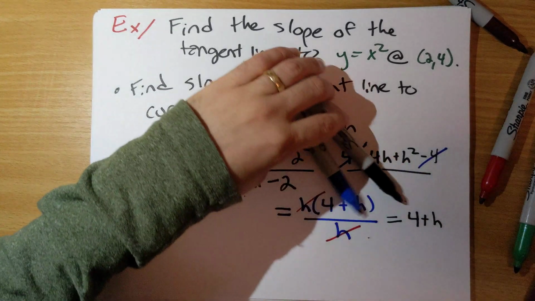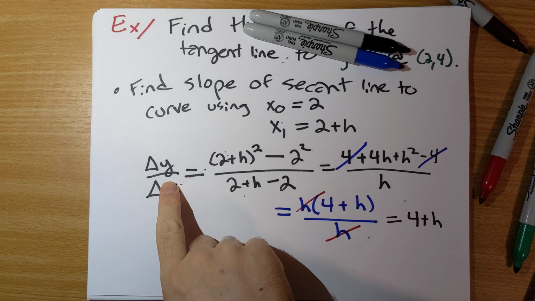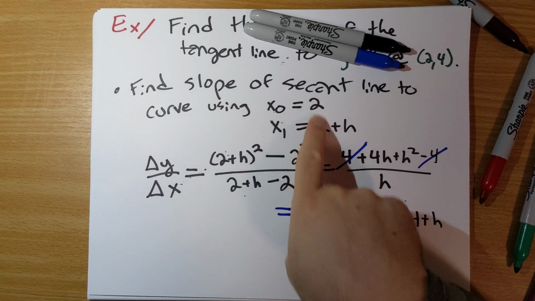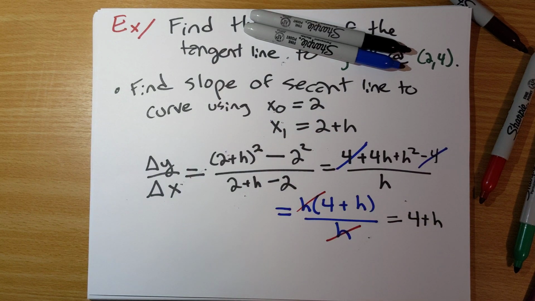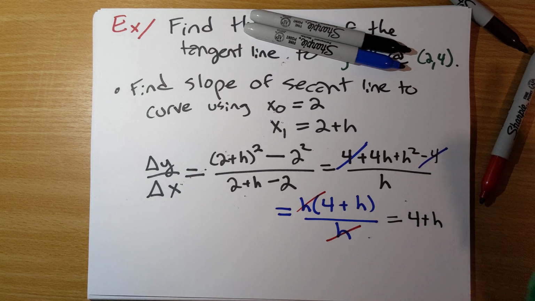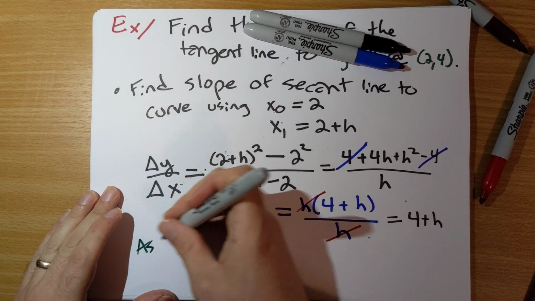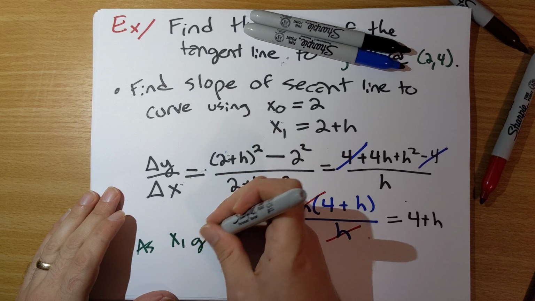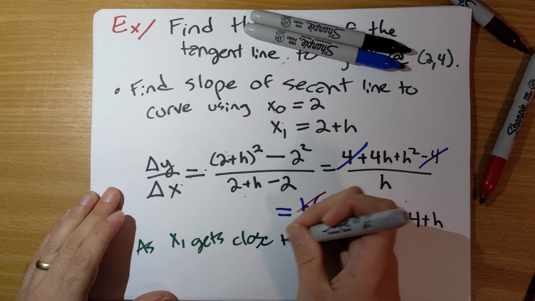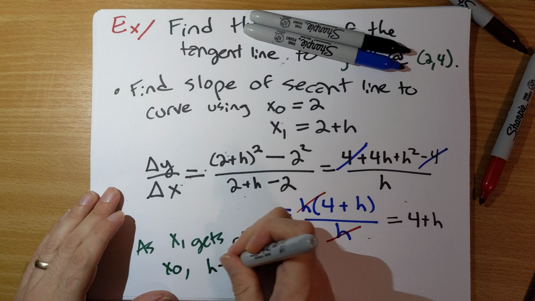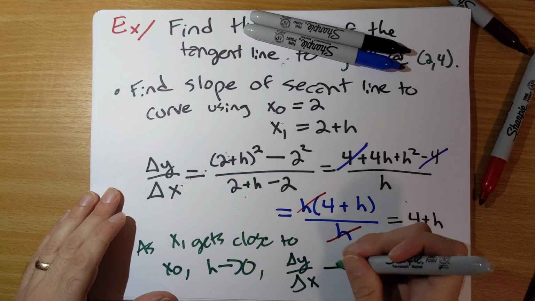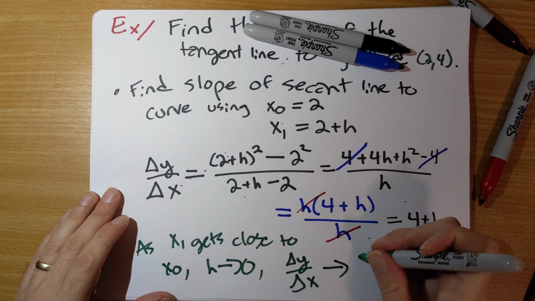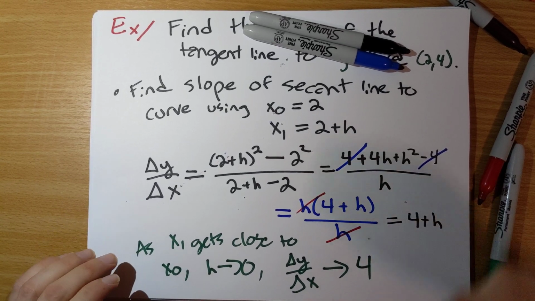Our slope from x0 equal to 2 to x1 equal to 2 plus h is going to be 4 plus h. As x1 gets close to x0, h goes to 0, and the slope gets close to 4.